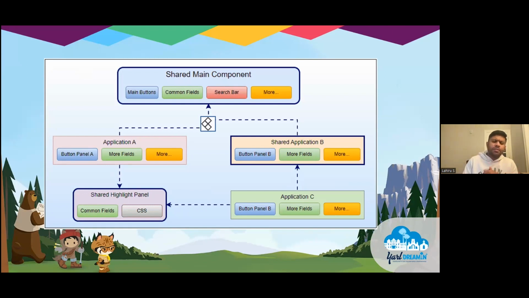And there could be some very minor components, like the highlight panel I mentioned here, a very minor chunk of an application, but it can be reused in a couple of main applications. Like here, application C uses the shared highlight panel, and also reuses the shared application B, and shared application B is reusing the shared main component. So you can see the hierarchy of component reusability here.